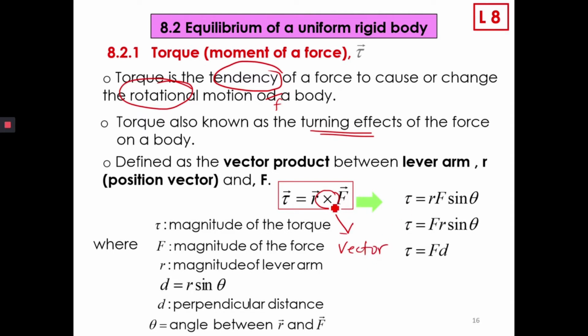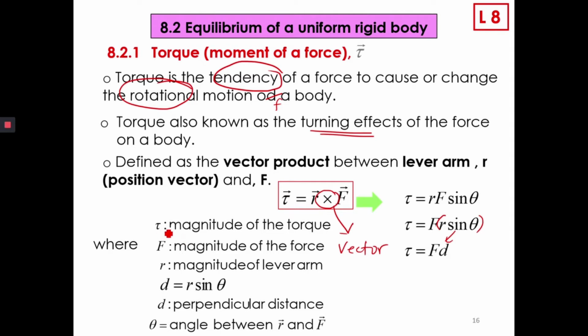For the cross product, when you expand the equation r cross F, it will be rF sine theta. Or when you rearrange, it can be expressed as F r sine theta, where r sine theta can also be written as d.